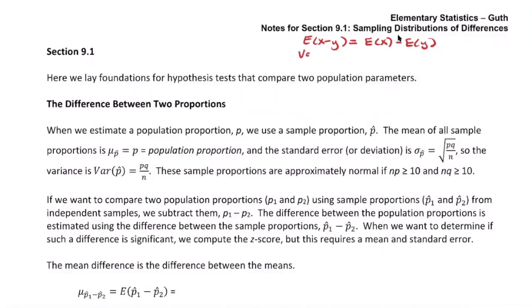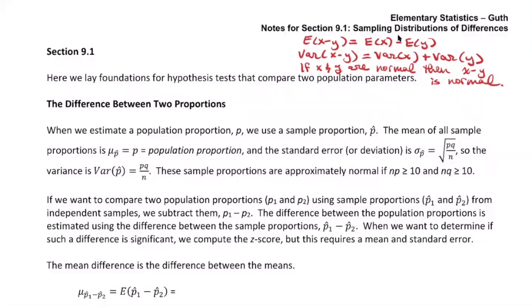The variances are weird. The variance of a difference is the sum of the two variances. And the last statement is if X and Y are normal or approximately normal, then the difference X minus Y is normal.